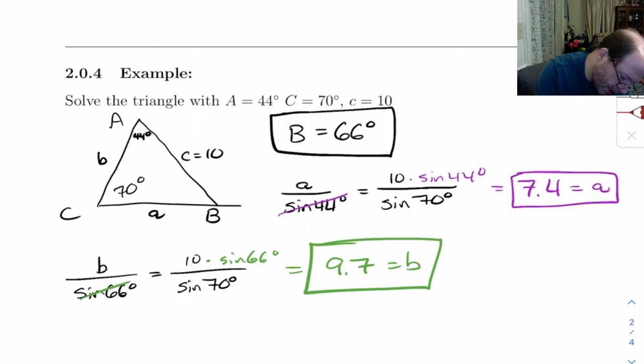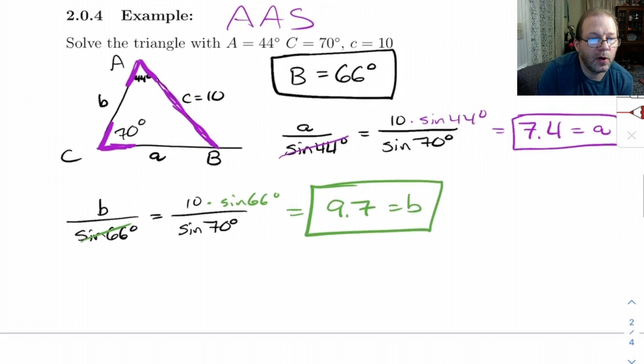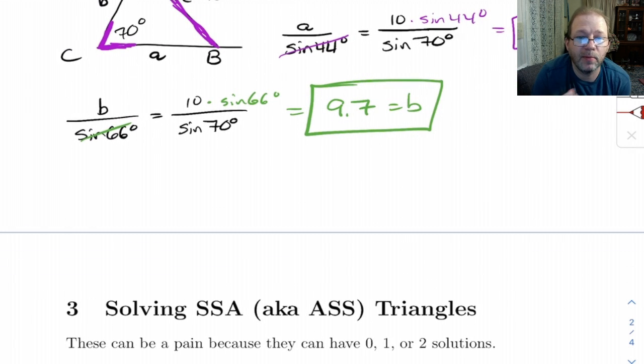We were given A, we were given C, we were given side c. So going around, this is an angle-side-angle problem. All right, so we'll pick up with the side-angle-side problems in the next video.